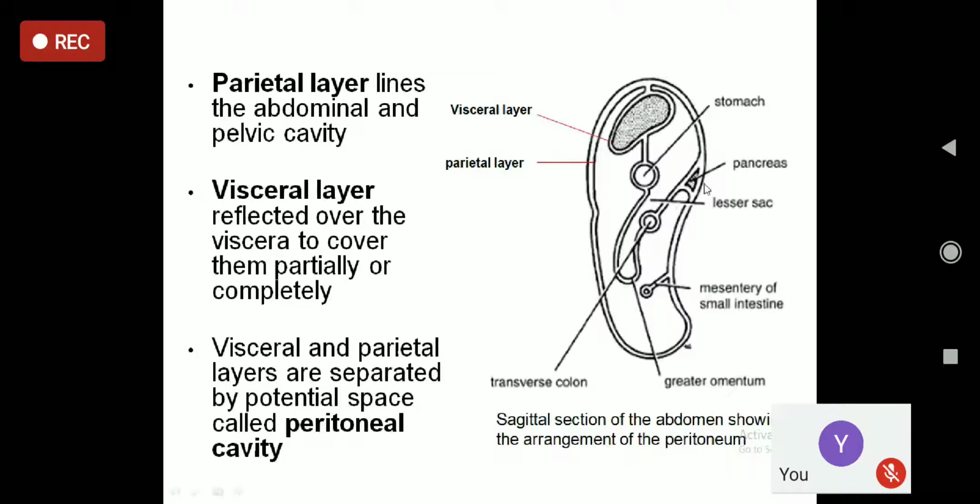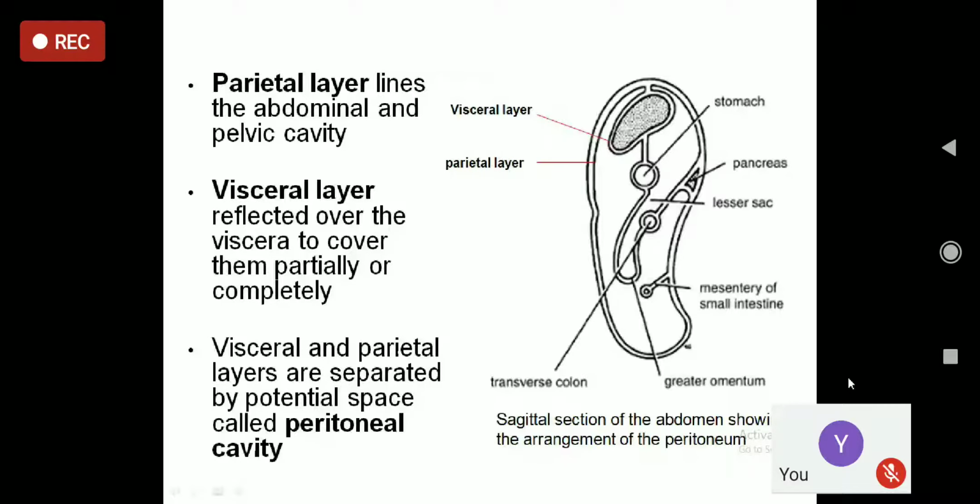Whereas here we can see the pancreas, which is covered in front only, and that is known as a retroperitoneal structure. Similarly, the second, third and fourth parts of the duodenum are also retroperitoneal structures, as we discussed before. So the parietal layer lines the abdominal and the pelvic cavity, and the visceral layer is reflected over the viscera to cover them partially or completely, to make the organ intraperitoneal or retroperitoneal.